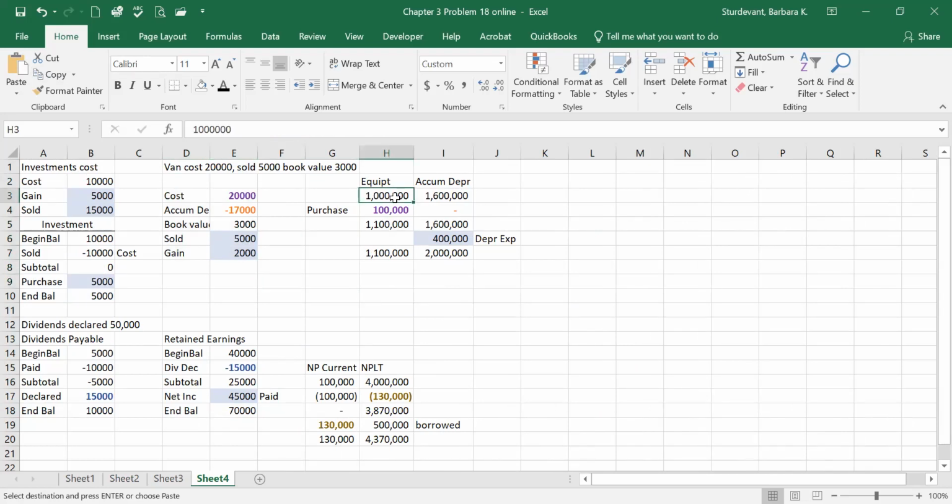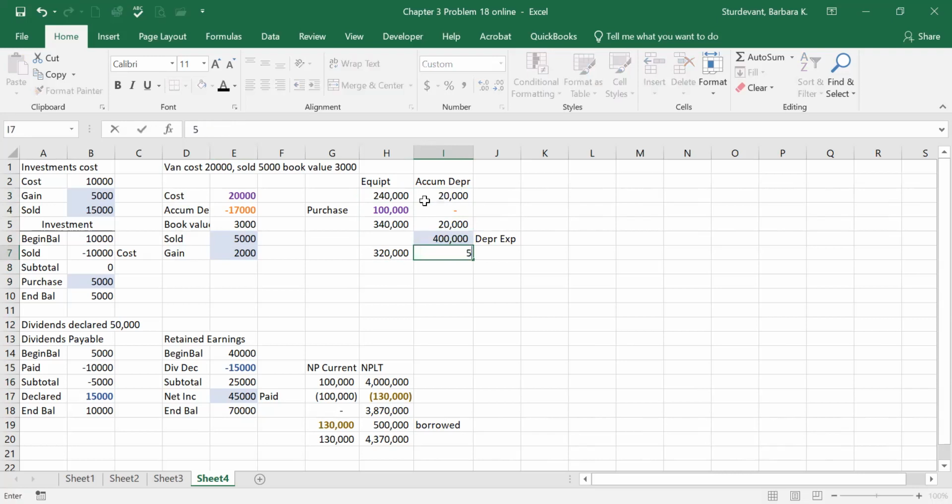Go into the equipment account, and the depreciation. Okay, so if we sold it, we have to take the cost out of here, and depreciation out of here.